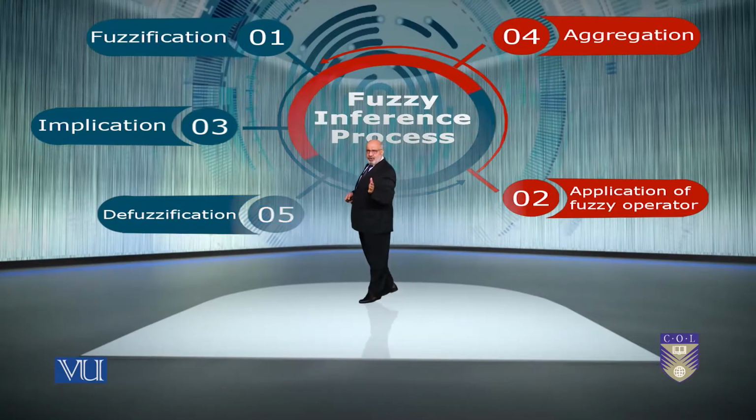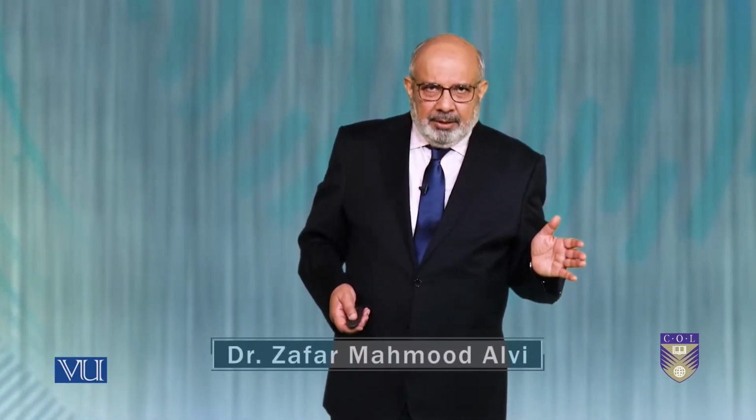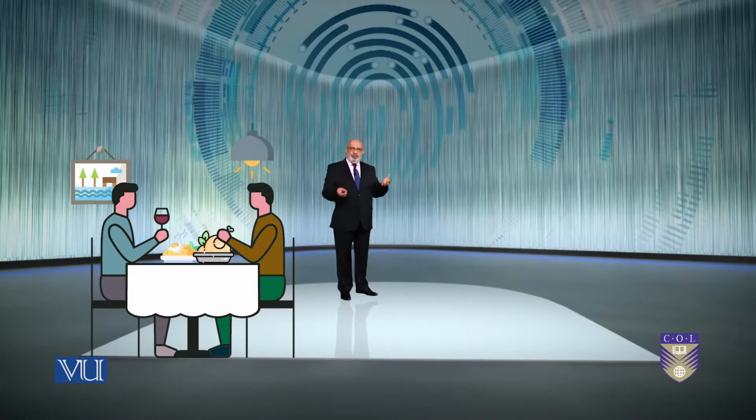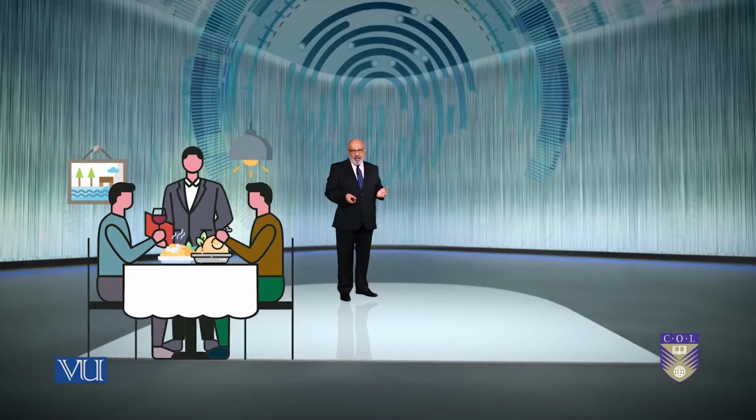We are going to discuss subsequently a case study for a dinner for 2 people. That's a small case study that will help you do that. So what exactly are we trying to do? The two people want to go to a restaurant, and depending upon what kind of food they get and what kind of service they get, this fuzzy system will help them decide how much tip to give.